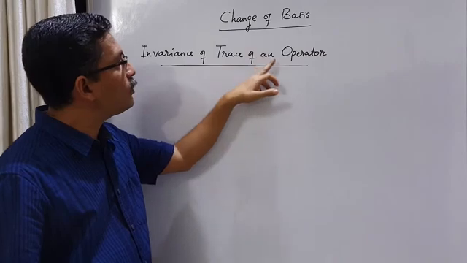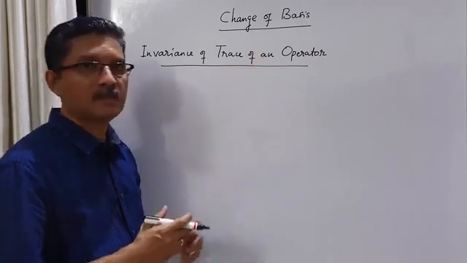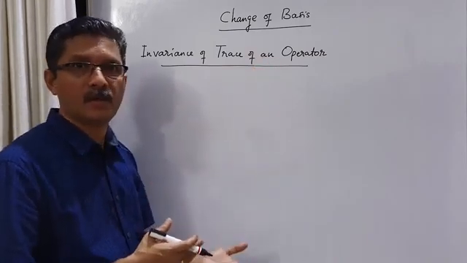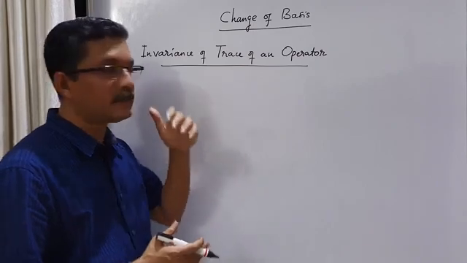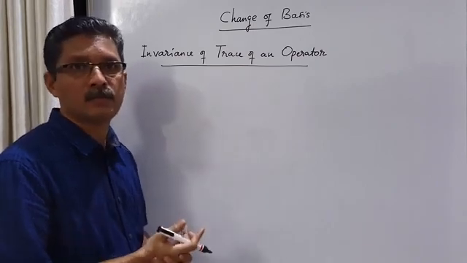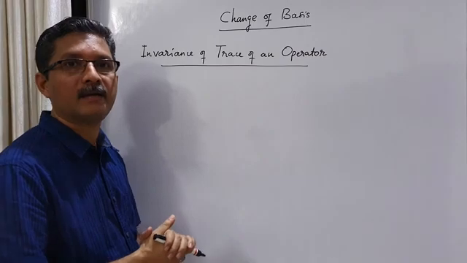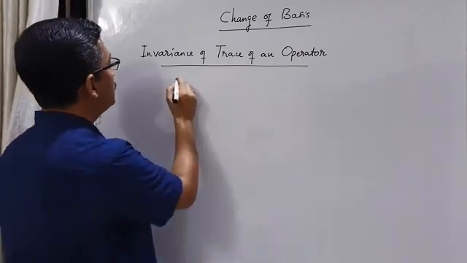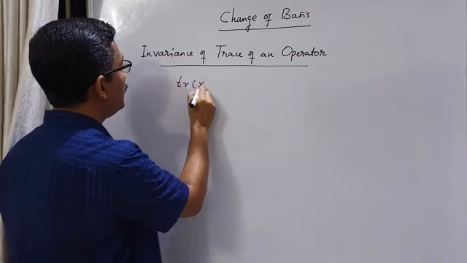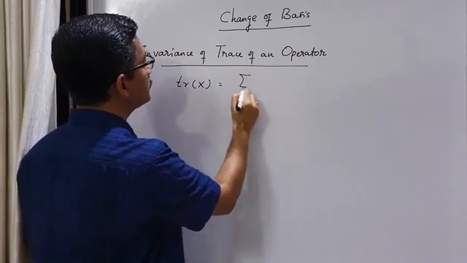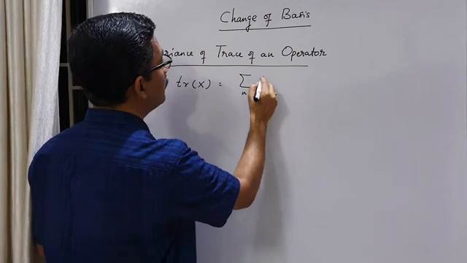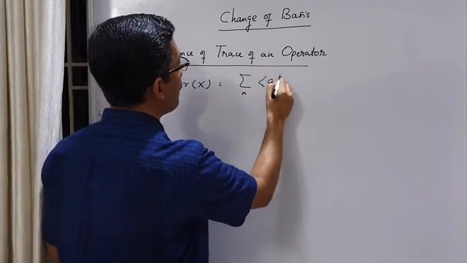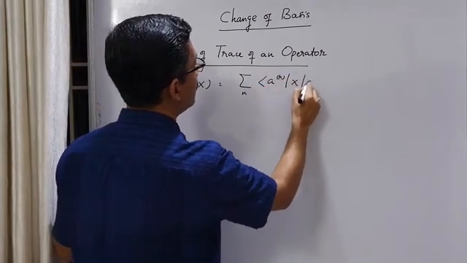Now, trace of an operator: an operator is represented by a square matrix. So trace of an operator is the same as trace of that square matrix. That is the sum of the diagonal elements of the matrix corresponding to this operator. That is, we can say trace of an operator X is sum over n, let us say <A_n|X|A_n>.